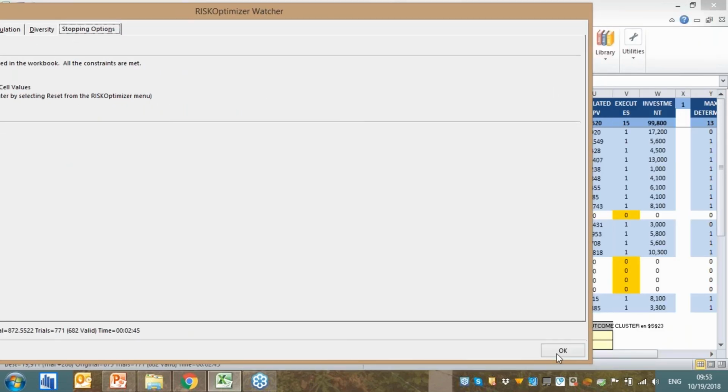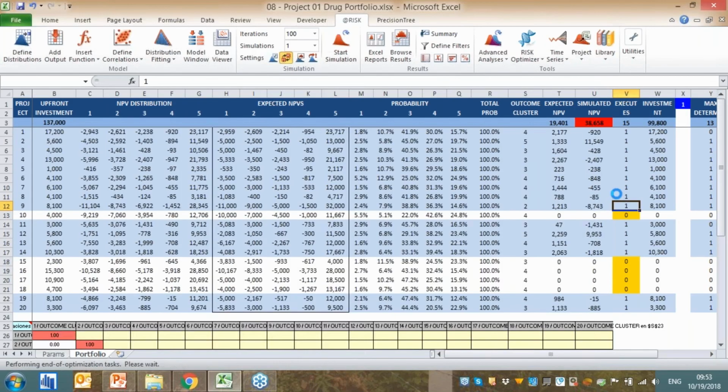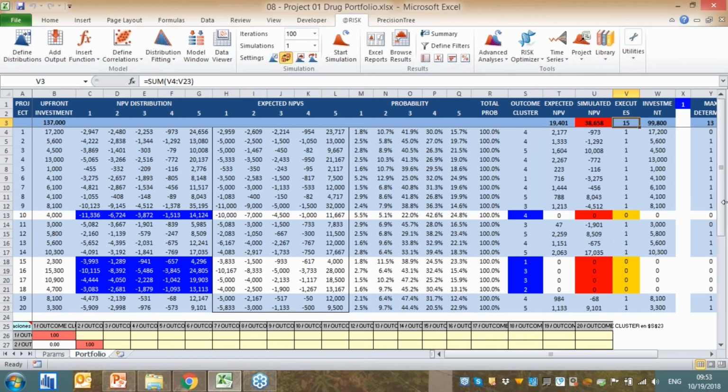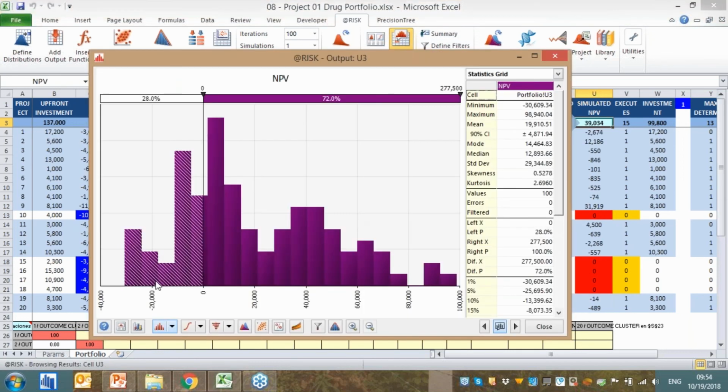So if I were to close this one over here, I'd be able to see this is where it's telling me to invest in those 15 projects, that combination. In other words, do not invest in project number 10 and in these projects over here, starting from 15 to 18, as much as close to $100,000, and this would maximize your NPV, which after those number of trials would eventually give you this curve for your NPV.